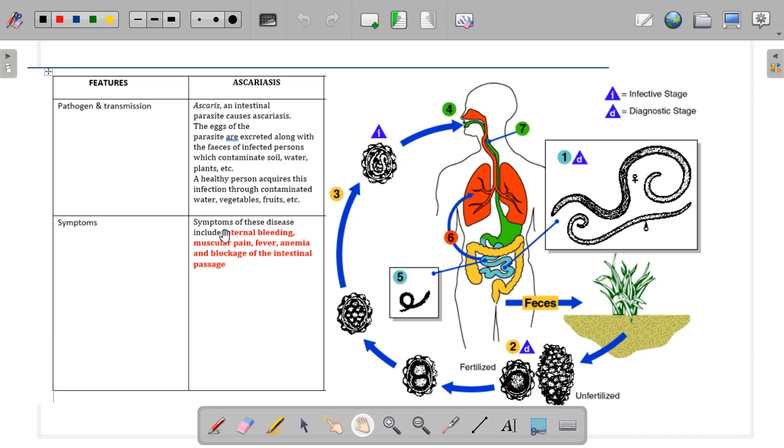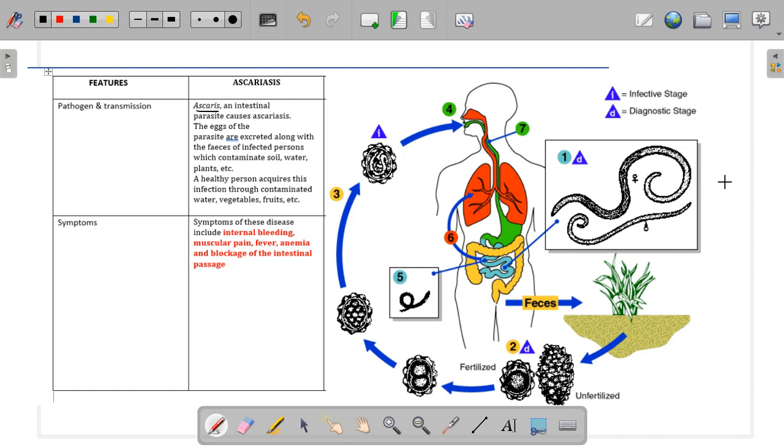This Ascariasis is caused by a pathogen or an intestinal parasite called Ascaris. They're not protozoans, but they are worm-like platyhelminths, so they all belong to the animal kingdom.